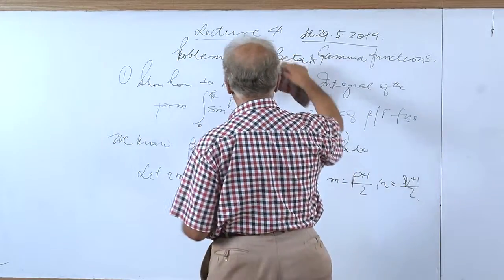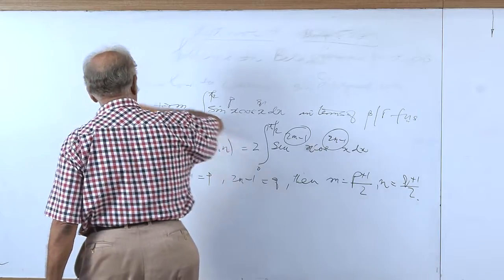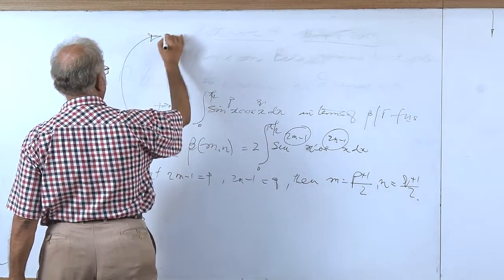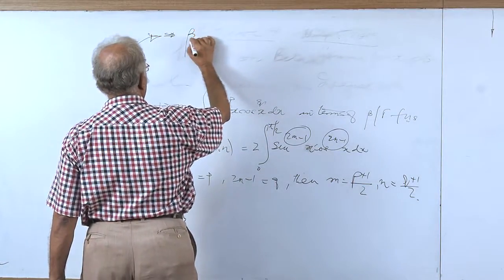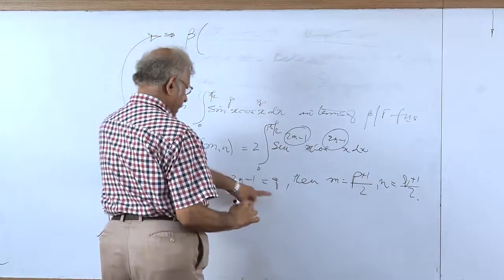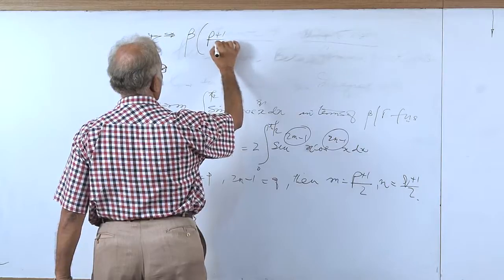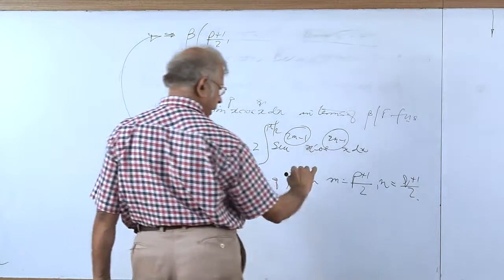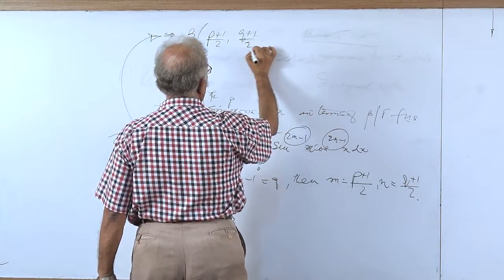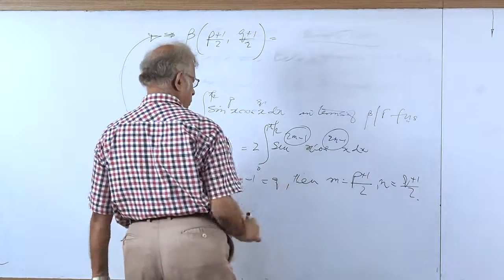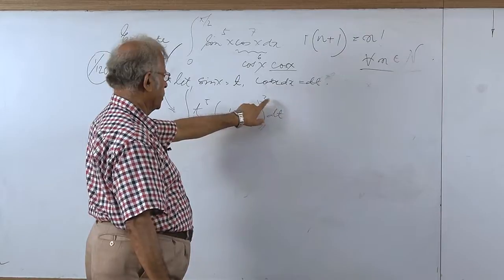So taking this up here, we'll write this transform, so it will therefore imply that beta, for m we write p plus 1 by 2, for n we write q plus 1 by 2, is equal to twice the integral of sine to the power of 3 times cos to the power of 6.